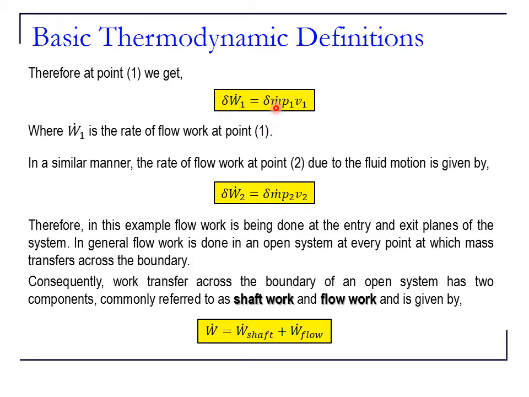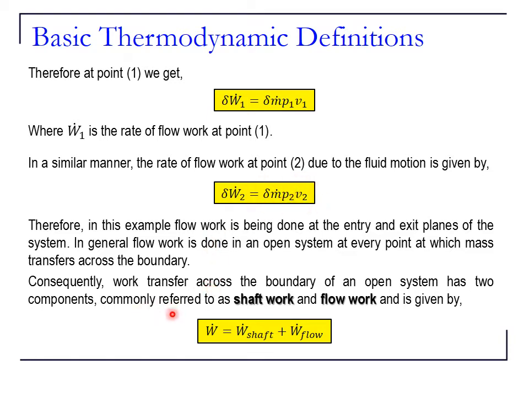And here we put a dot on top of the mass, which gives us the mass flow rate in the unit of kilograms per second. So we can write this equation according to different points. We can write it at the inlet, or we can write it at the outlet.